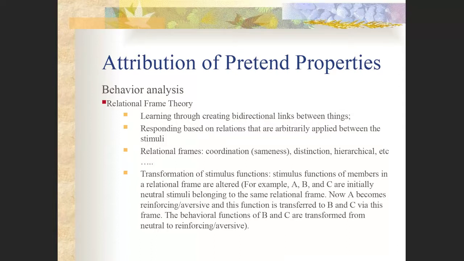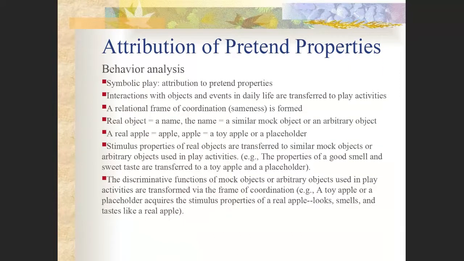This is very similar to our analysis of object substitutions, except there we used a naming hypothesis to analyze the behavior. I guess we can use relational frame to analyze that too. But in this one, we used relational frame theory to analyze the behavior.